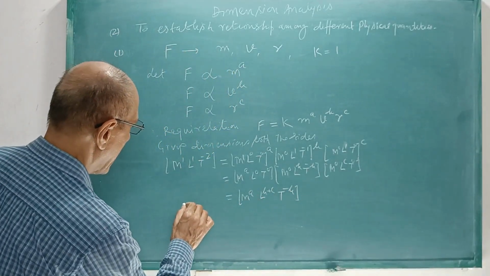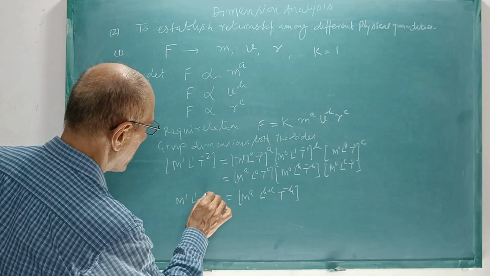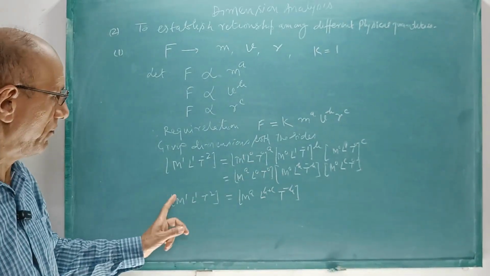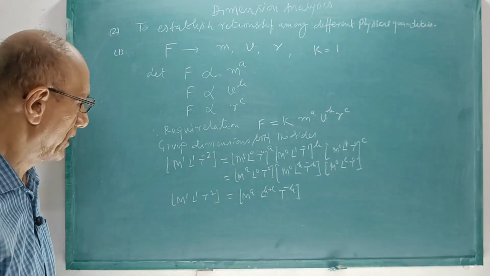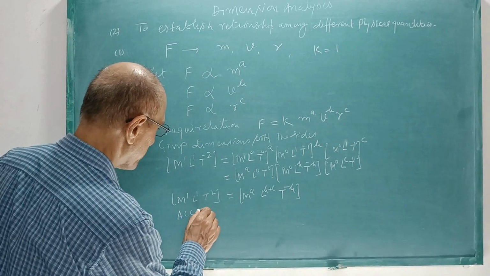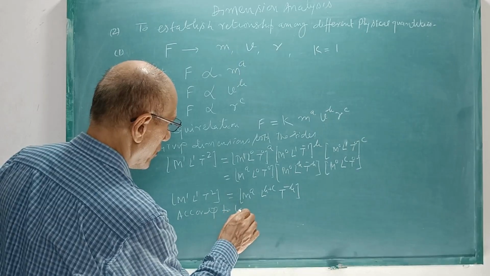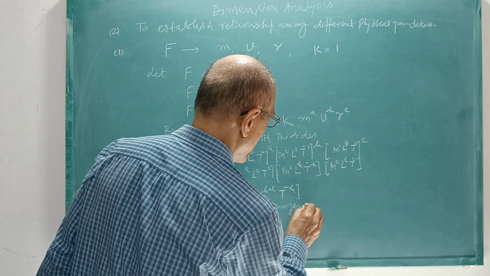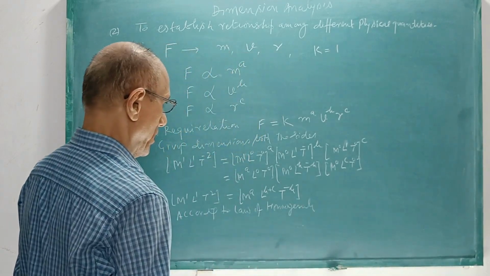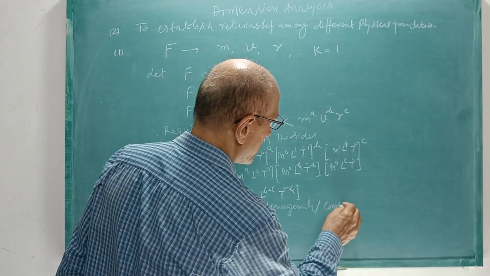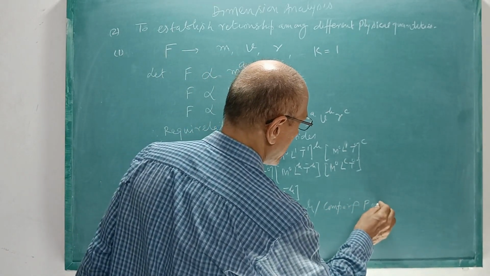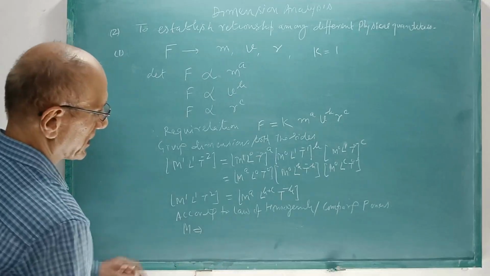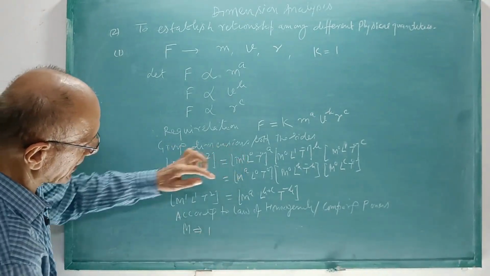So here the LHS is M1 L1 T minus 2. Now these will be equal only when the powers are also equal. So according to the law of homogeneity, or you can say comparing powers, when you compare the powers of M, the power of M is 1 here and here it is a.